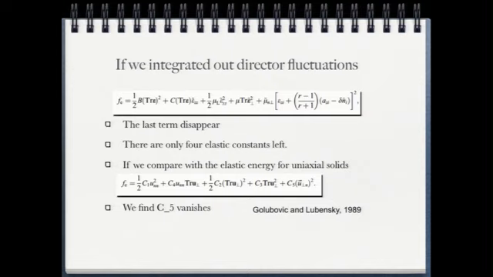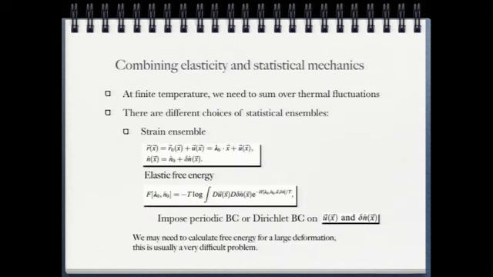If we compare the resulting theory with a uniaxial solid, you see that C5 would vanish. It looks like you have one missing shear modulus. This is what Golubovic and Lubensky said in their classical paper: it's a uniaxial solid that has one missing modulus.